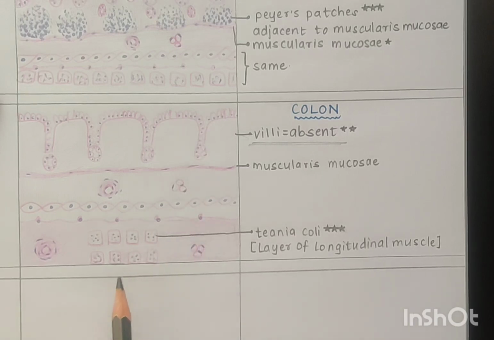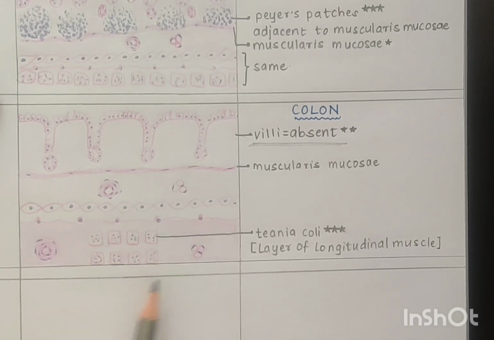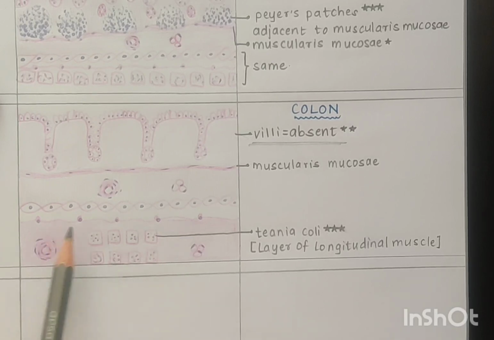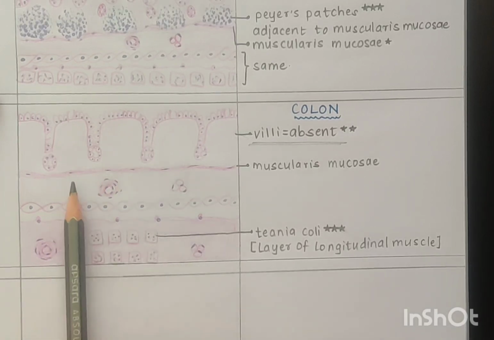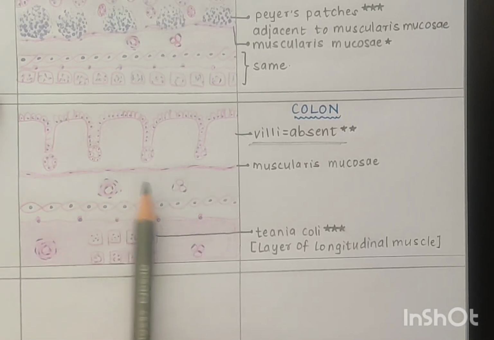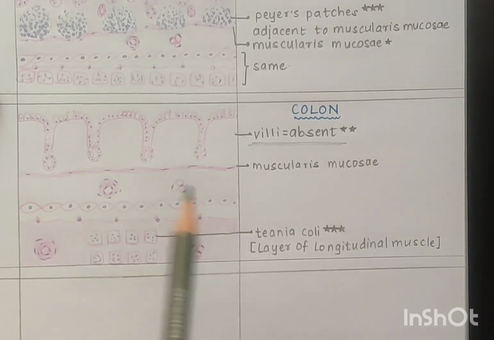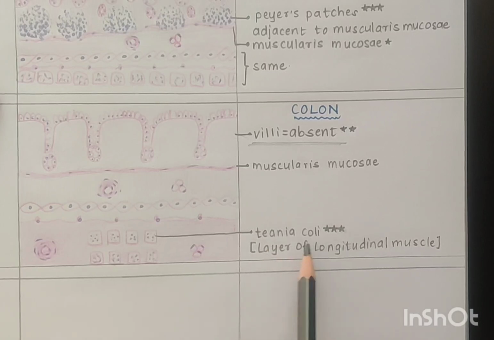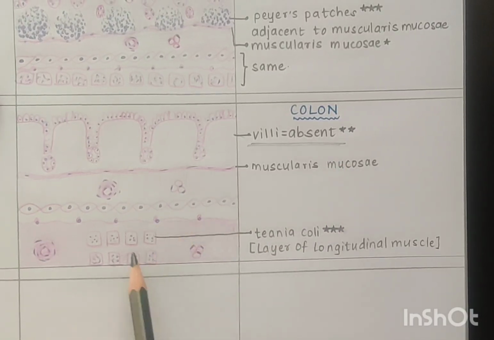So I'm mentioning the key features. Over here, the key feature is that this outer longitudinal muscle layer is arranged in just one region. This arrangement of the outer longitudinal layer in one region is called the tinea coli. There are 3 such tinea coli present in the colon.